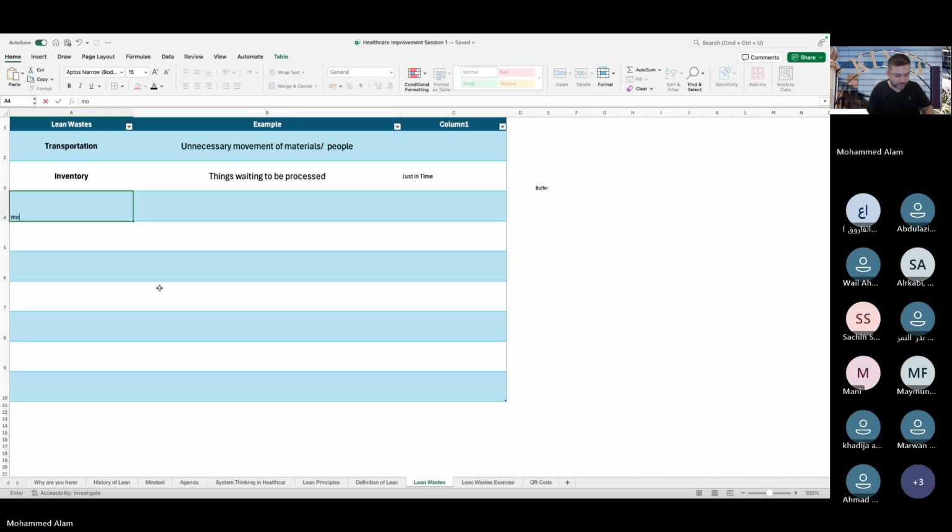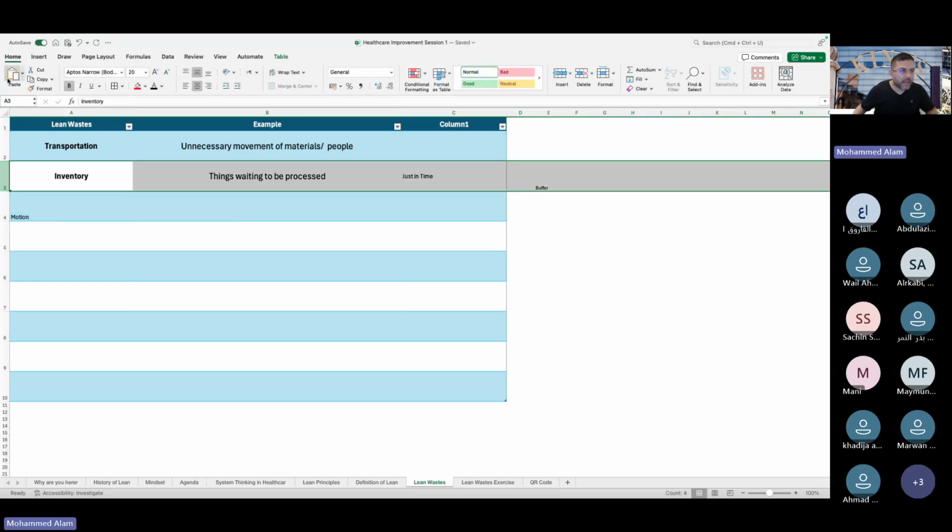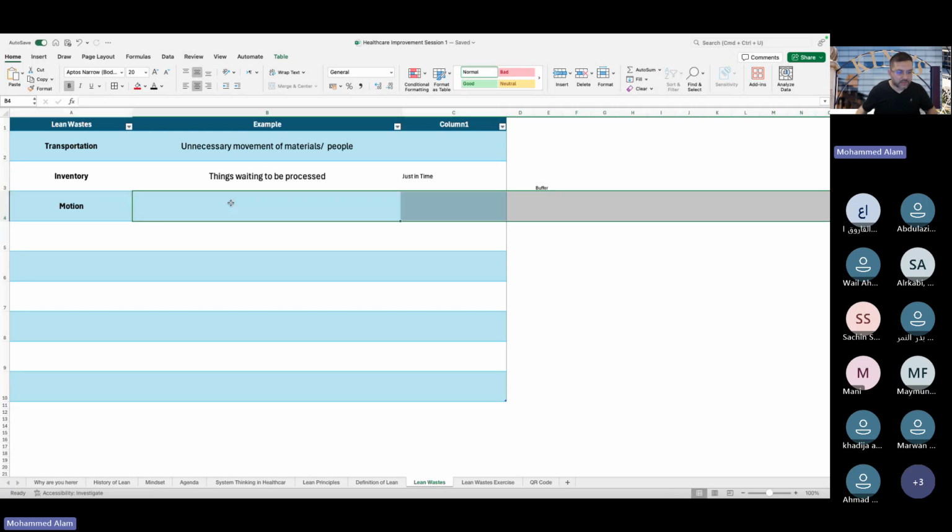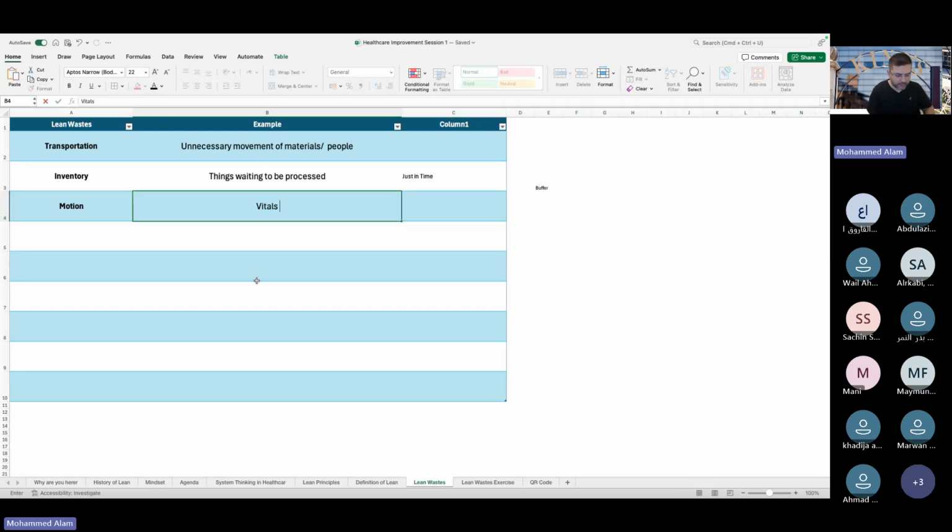Motion waste. Now, just imagine a nurse has to enter, say, vitals in the EMR, and it has, say, 15 steps. Entering vitals, of course, is important, right? But 15 steps is a motion waste.